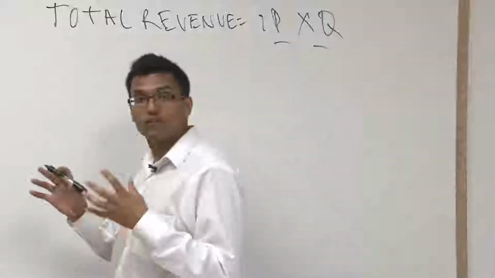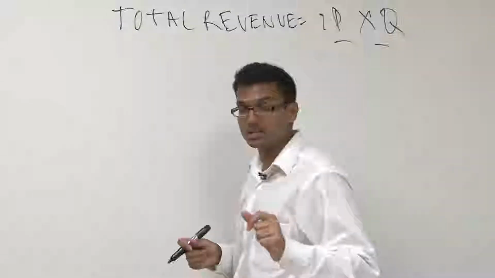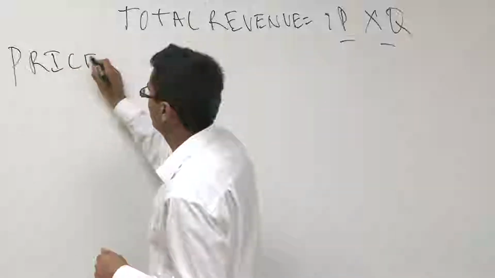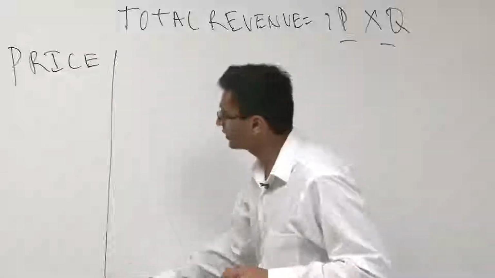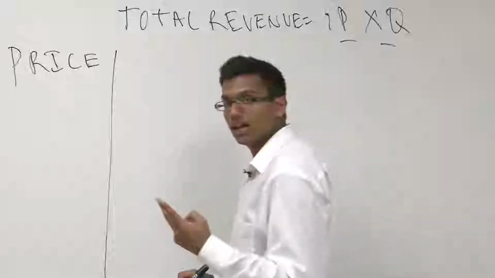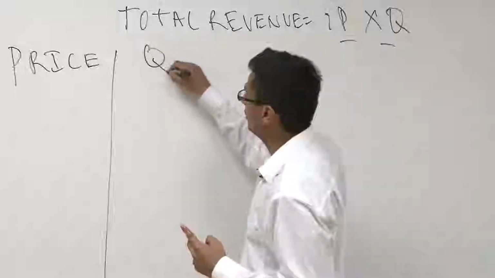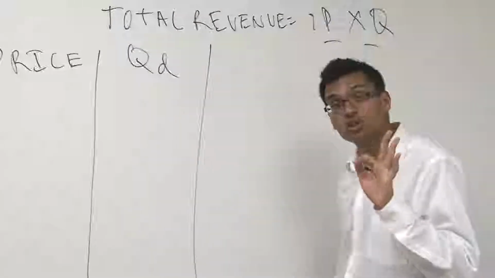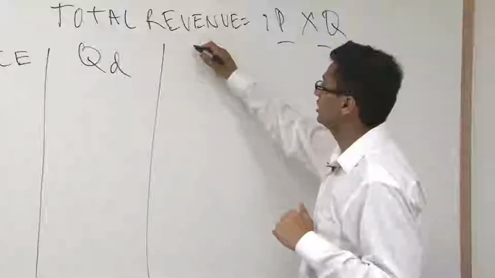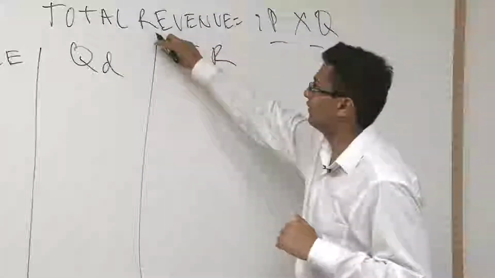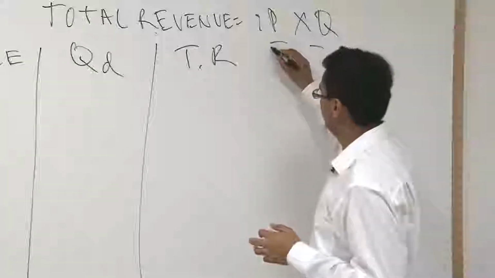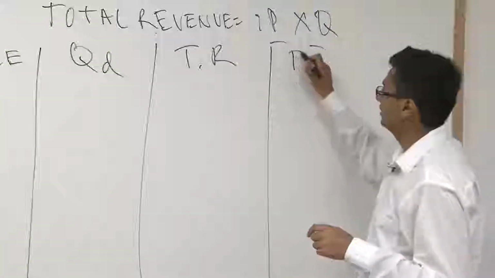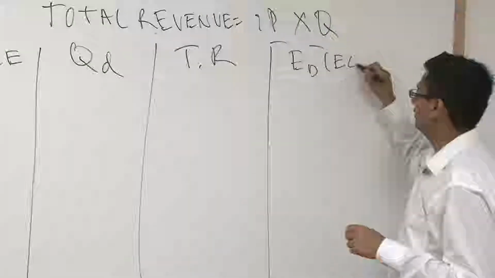The first column is price. The second column is quantity demanded, which I'll shorten to QD. My third column is total revenue, which is TR, the same thing as total revenue. And my last one is the elasticity of demand, or ED.